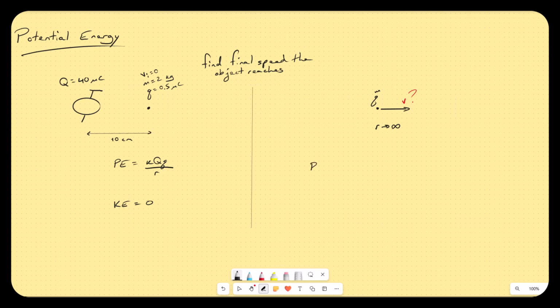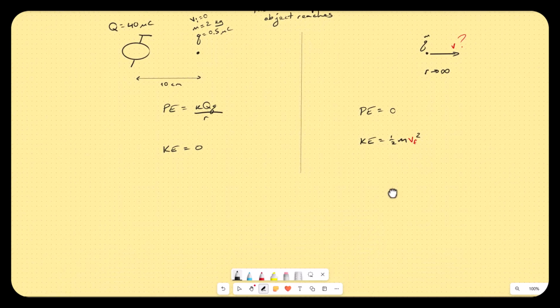Over here I've got potential energy that is 0 because I'm getting infinitely far away from this thing, and I've got a kinetic energy that is half m v final squared. And I can set these equal to each other. And that's really all I'm doing with this.